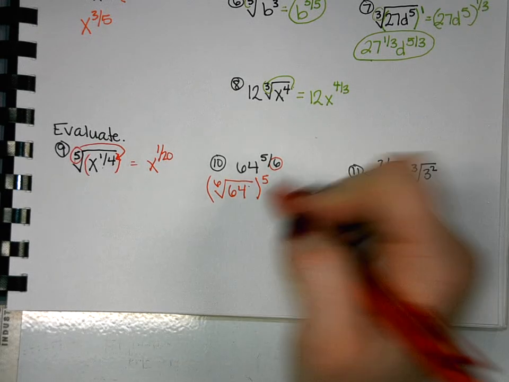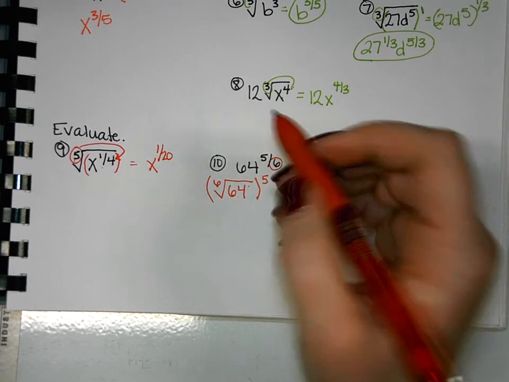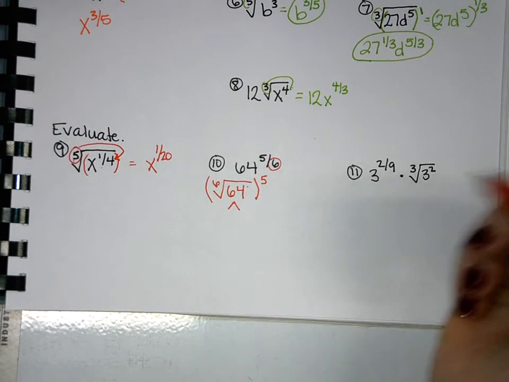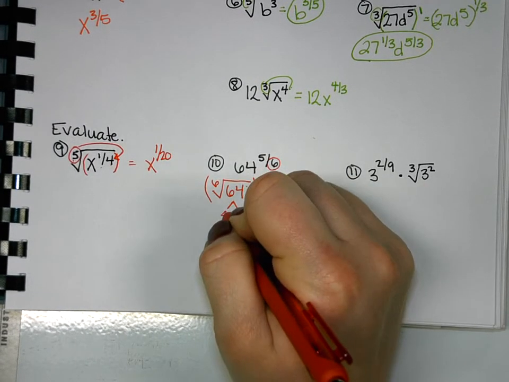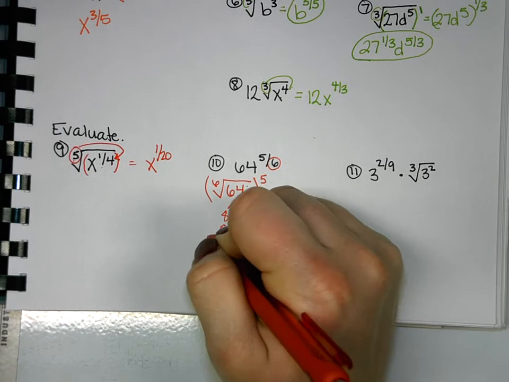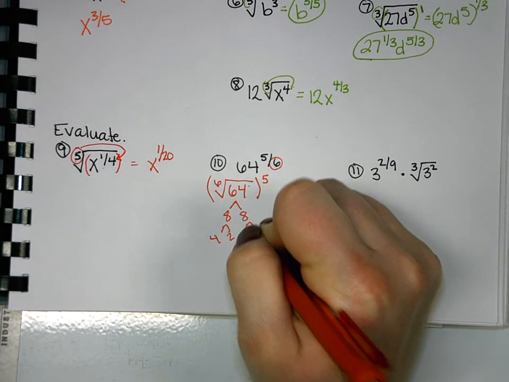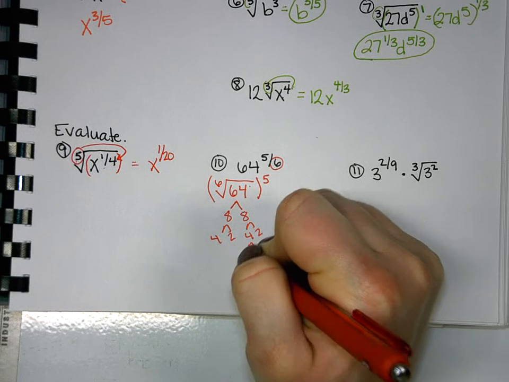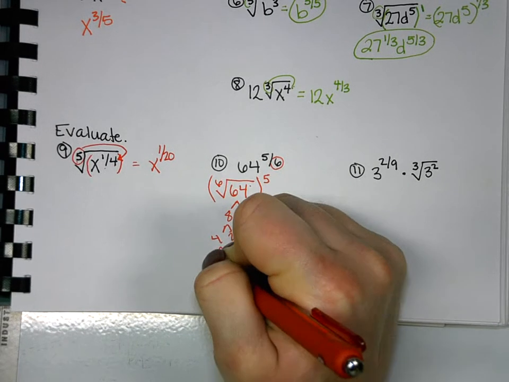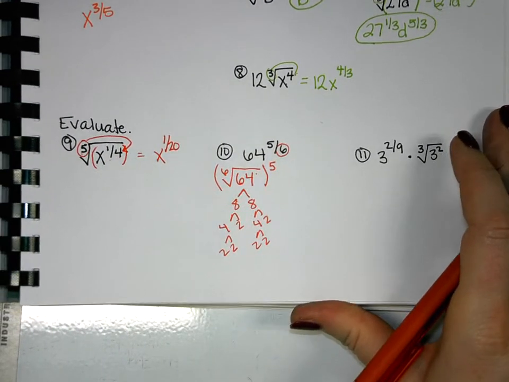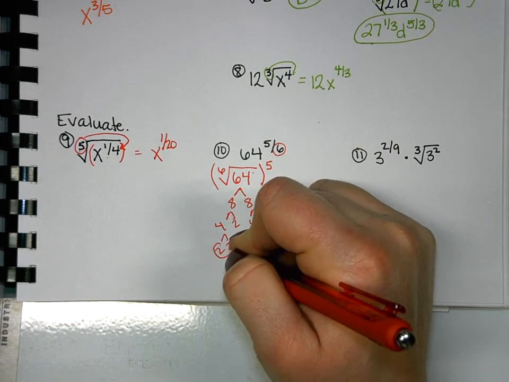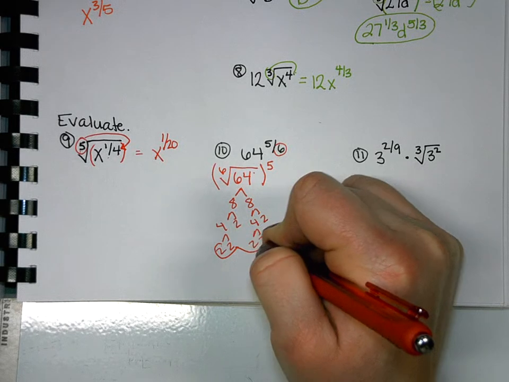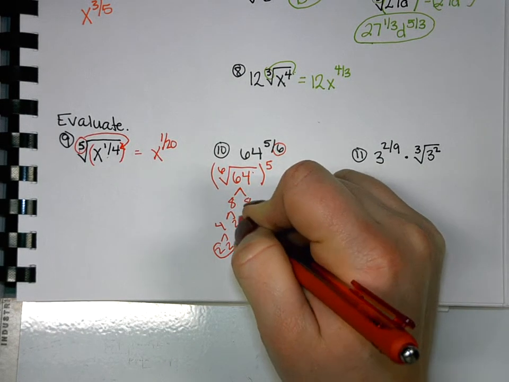Okay, so let's try simplifying the 6th root of 64. Well, see, we did it up there earlier. 8 and 8, 4 and 2, 4 and 2, 2 and 2, 2 and 2. So we're looking for a group of 6. So I have 1, 2, 3, 4, 5, 6 2s.